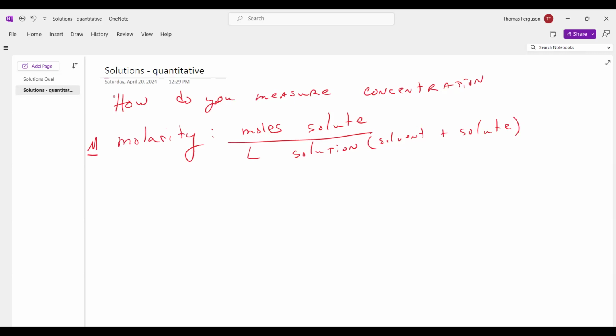And you Saturday people will soon see that. There's another term used in concentration, and it's a lowercase italicized m, and it's called molality. There's molarity, molality.